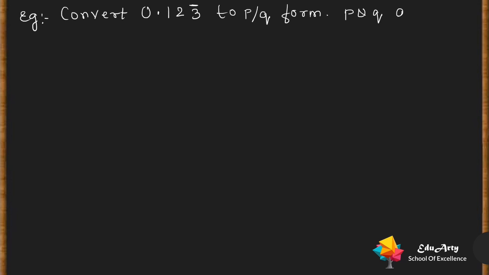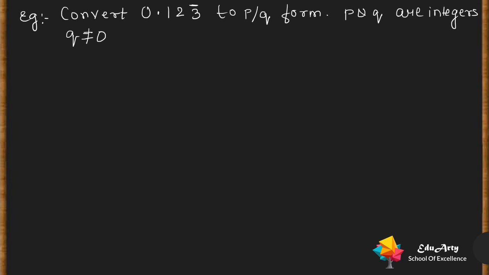Let's say convert 0.123, and this time there's a bar only on the 3, to P by Q form. Rest all is same, P and Q are integers and Q is not equal to 0.